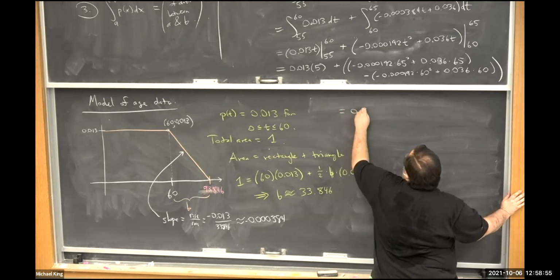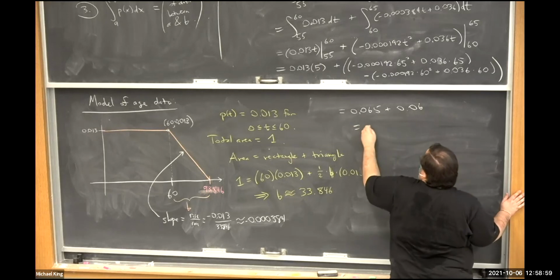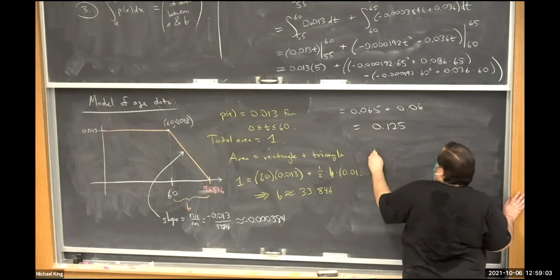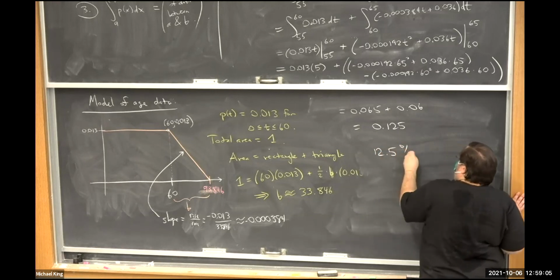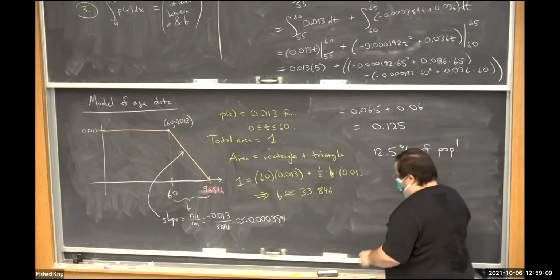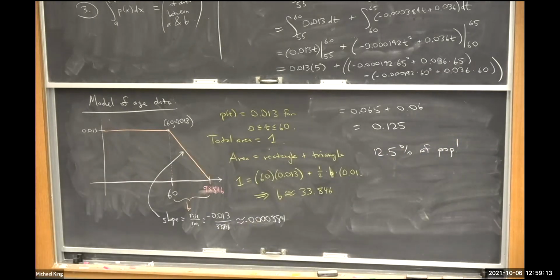So 0.065 plus 0.06 is 0.125. So that's 12.5%. Okay. Just numbers. Make computers do the numbers, but that's the idea, right? Is that fair? Any questions about any of that?